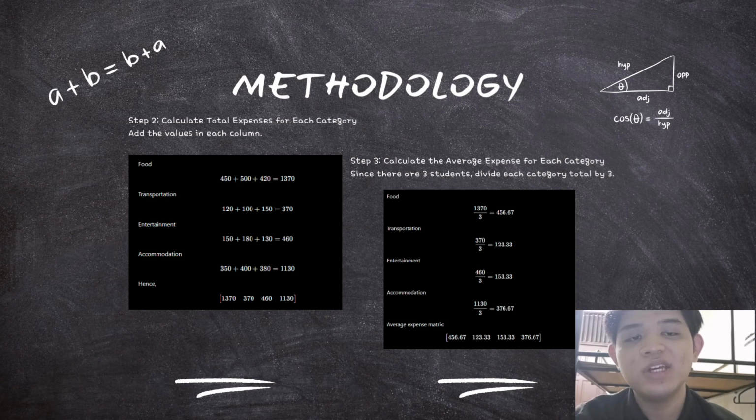And next is accommodation, which is 350 plus 400 plus 380, so the total will be 1130. So everything will be 1370, 370, 460, and 1130.